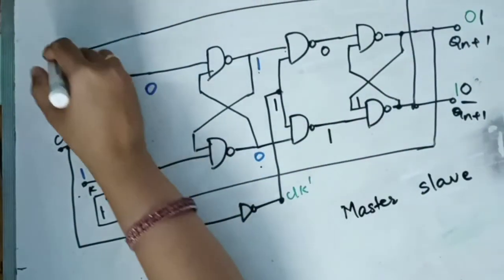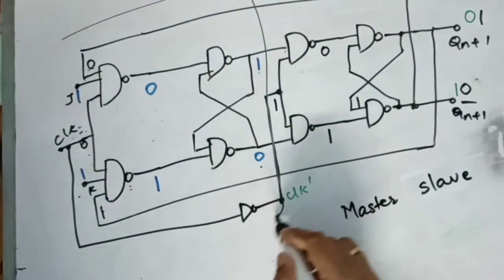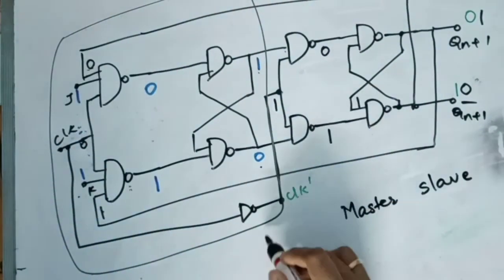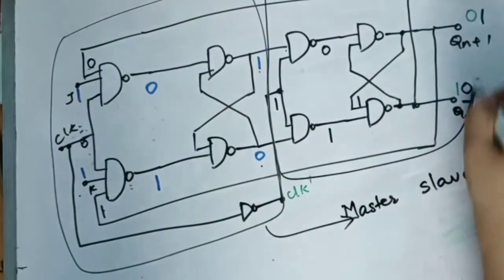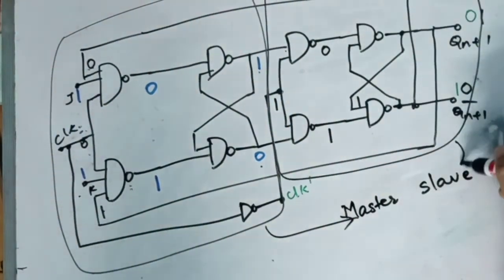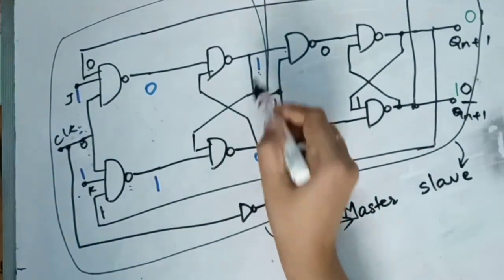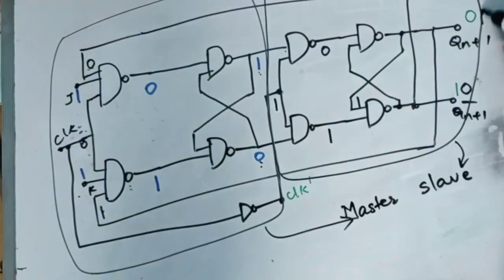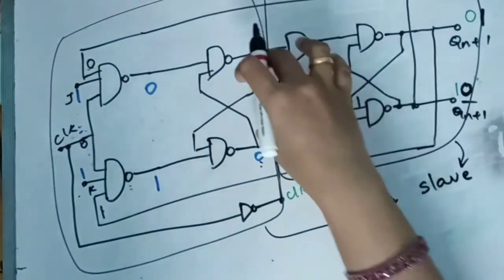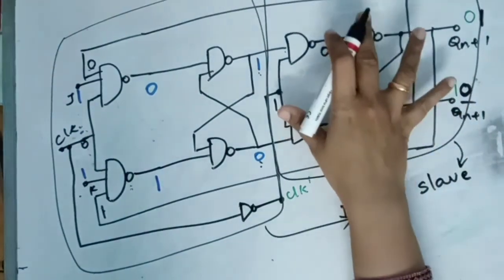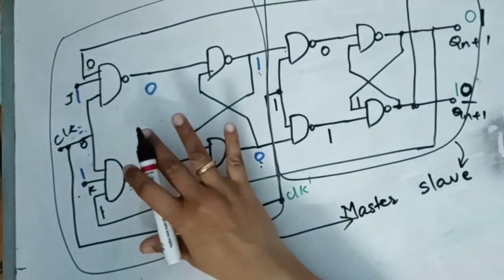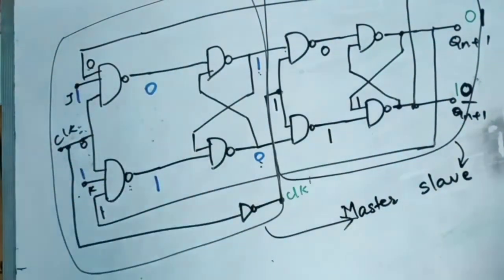Now the first section is called the master, and the second section is called the slave, because here you are getting 1 0, here also you are getting that 1 0 only. What was the output at the first stage? The same output you are getting at the second stage. So this is a slave which will follow the master when the clock is equal to 0.